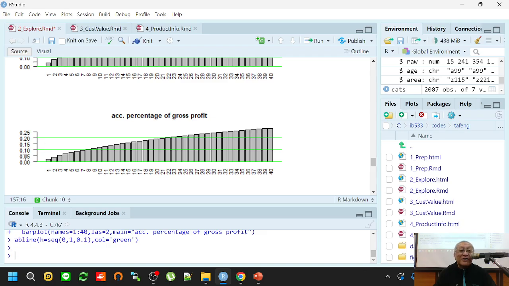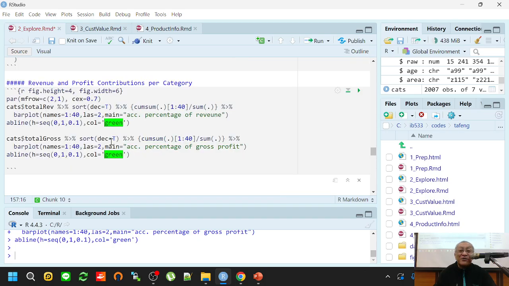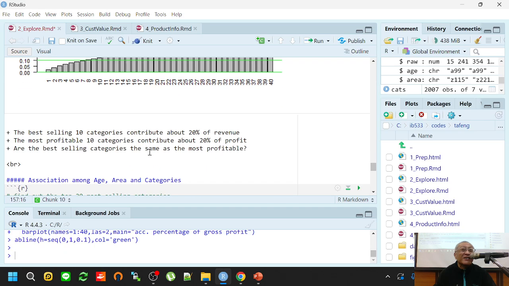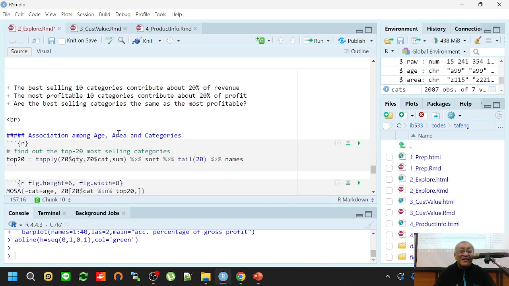So here is the accumulated profit, and then we can see that about the top 25 categories generate about 20% of the profit, right? Okay. Then if you are interested, you can actually find out which product is generating this profit, right?